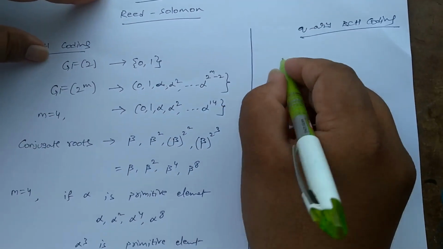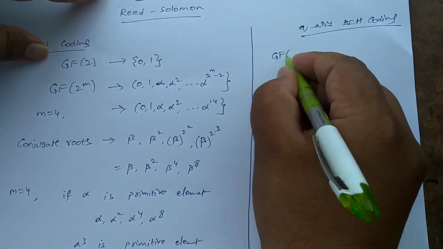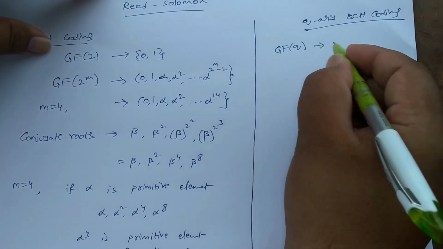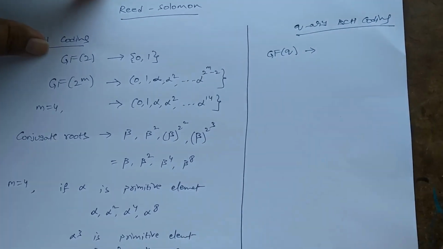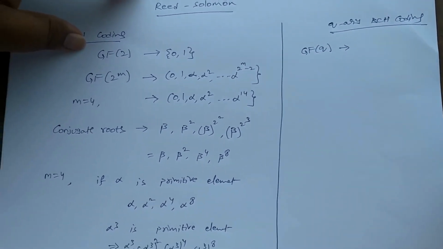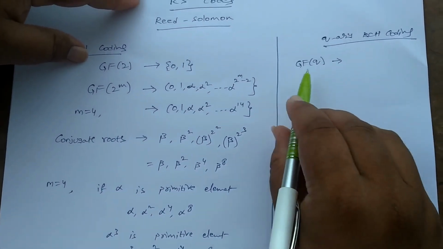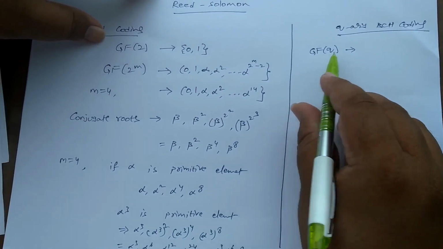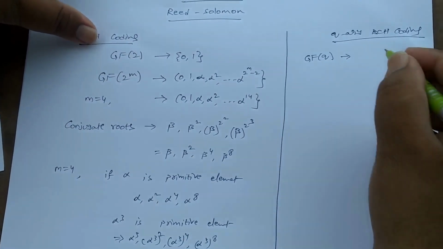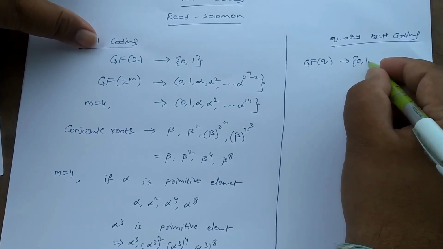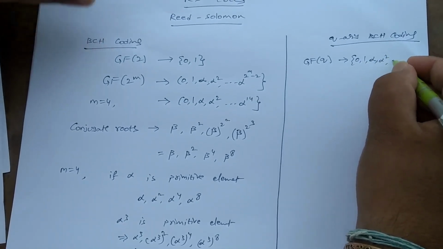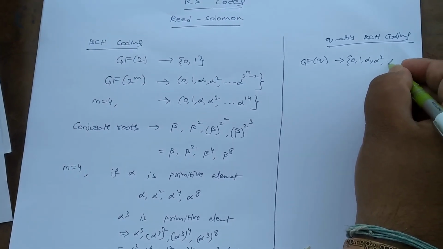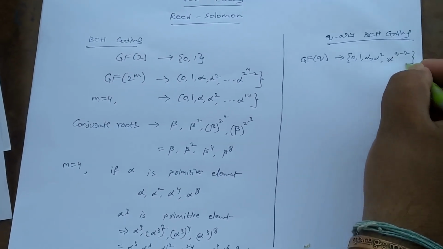Here the base is the Galois field of Q, and Q may be 2 square, or 2 cube, or 2 power 4. You can take any value, but now the base element is Q, and the elements are 0, 1, alpha, alpha square, up to alpha power q minus 2.